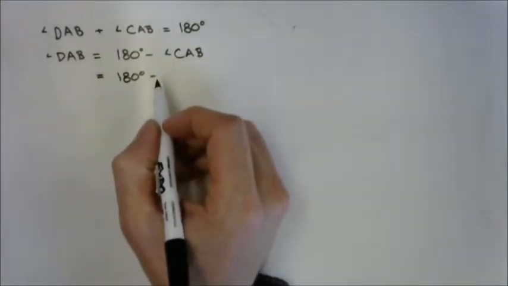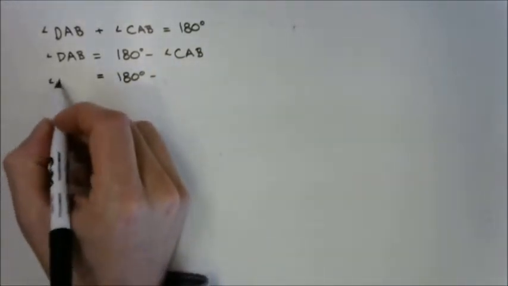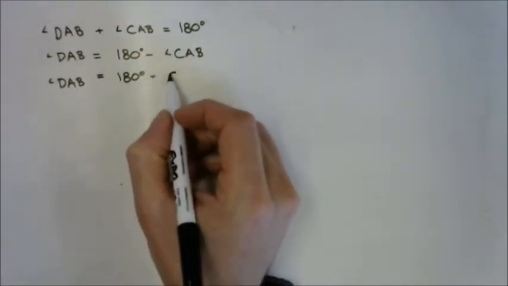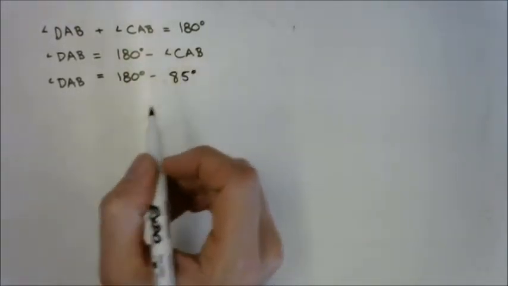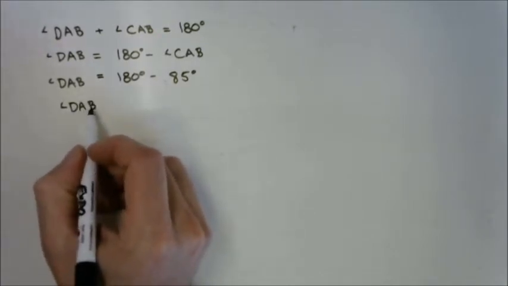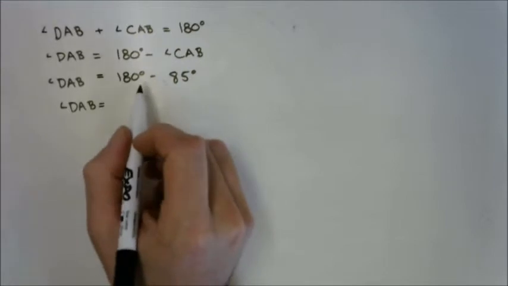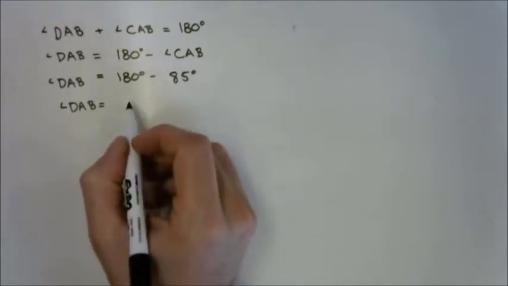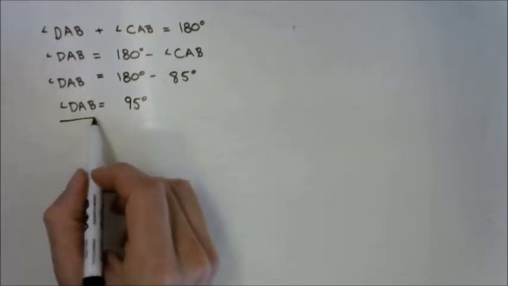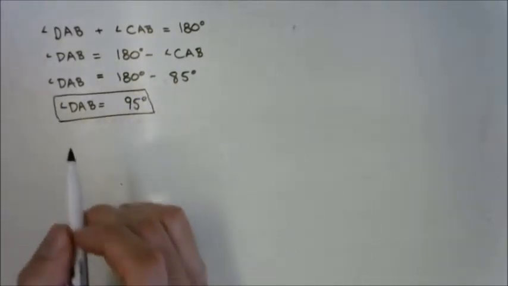So now the measure of DAB is equal to 180 minus 85 degrees. You can throw that in your calculator, but you should be able to do it in your head. 180 minus 85 is going to be 95 degrees. Put a box around that. That is one of your final answers.